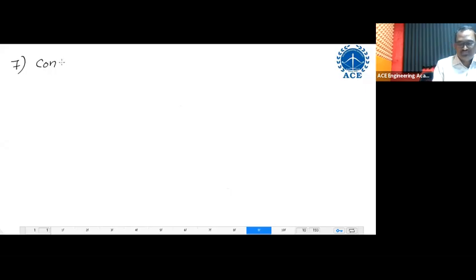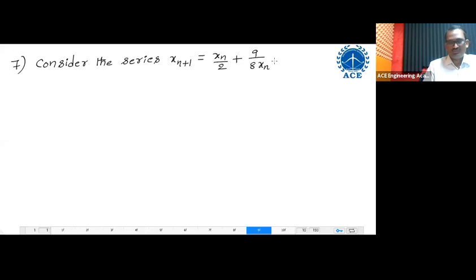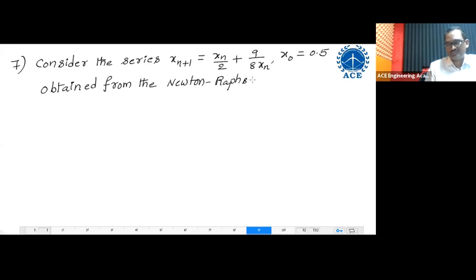Write down. Consider the series xn plus 1 is equal to xn by 2 plus 9 by 8xn, where x naught is equal to 0.5, obtained from the Newton-Raphson method.